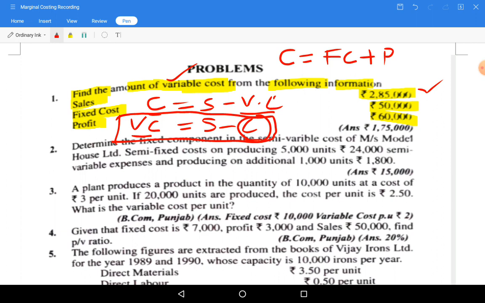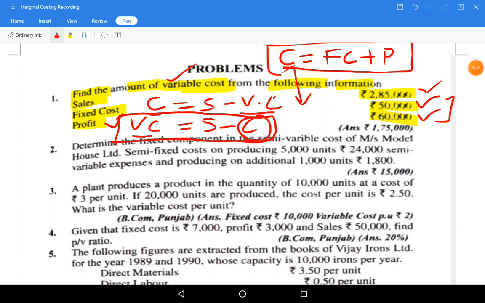The information is already given. If you add fixed cost plus profit, you will get contribution. Now do the working note for contribution, that is fixed cost plus profit. Then put this C in the formula variable cost equals sales minus contribution, and you will get variable cost.